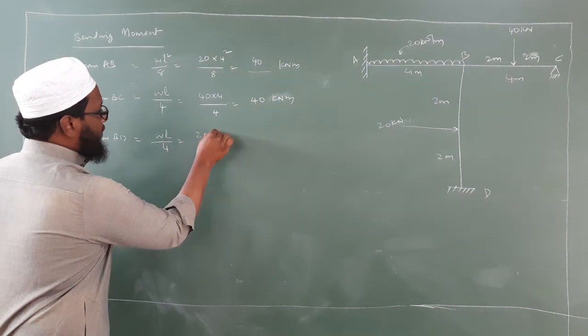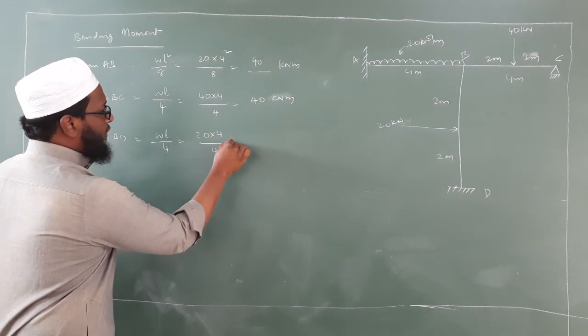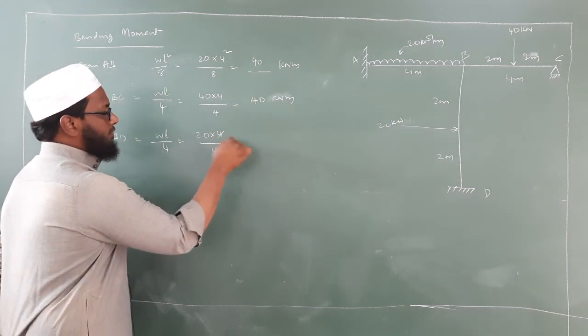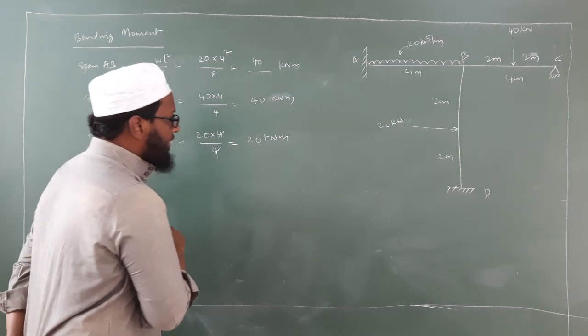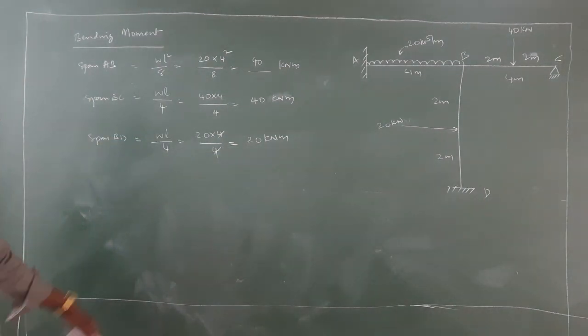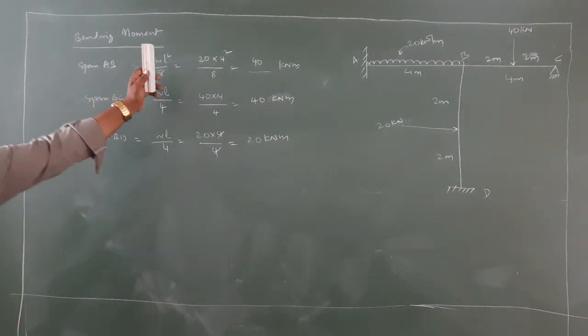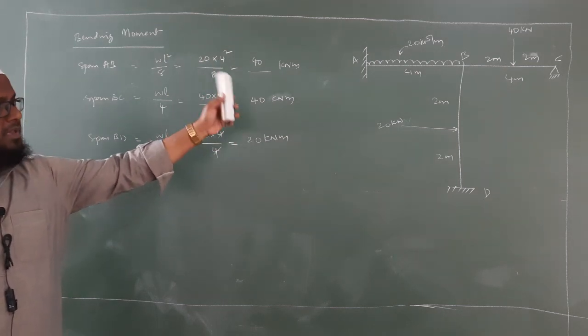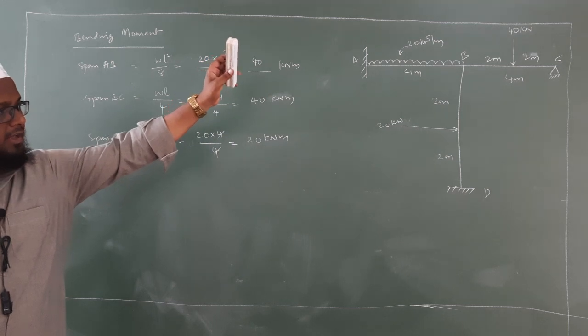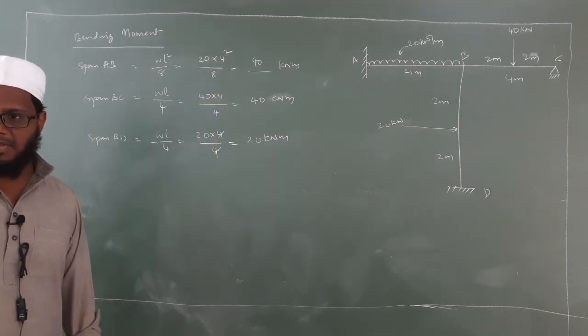So 20 into 4 by 4. So what happens here? 20 kilonewton meter. Okay. Now we have calculated all the fixed end moments, final moments, that is MAB, MBA, MBC, MCB, and along with that we have calculated MBD, MDB also.